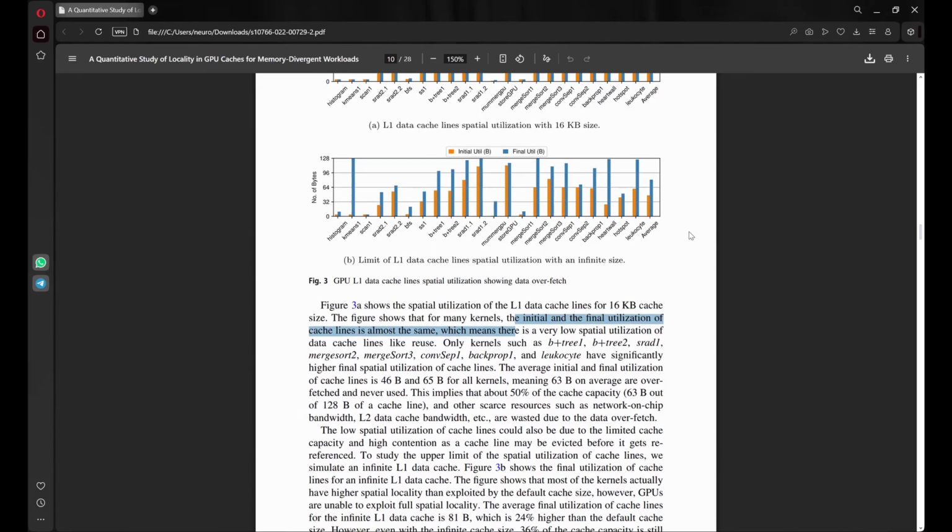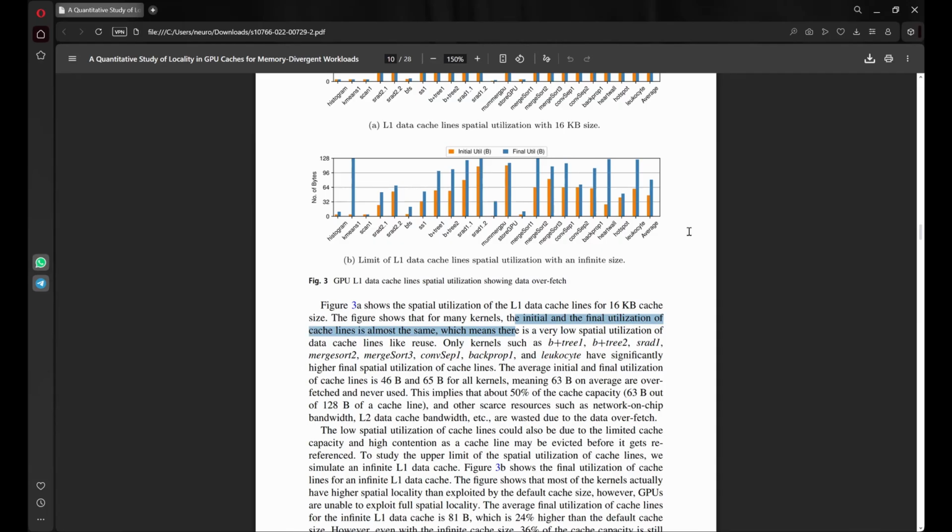At a 16 byte size, the average initial and final utilization of cache lines is 46 bytes and 65 bytes, meaning that from the time 128 bytes are brought in to the time the same 128 bytes are evicted, only about half of that cache line is actually being used, which means there are 63 bytes worth of overfetch.